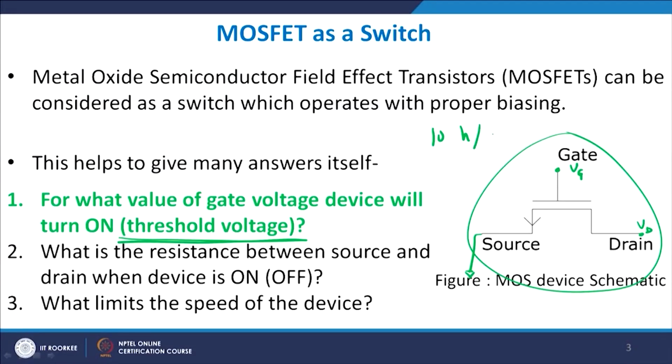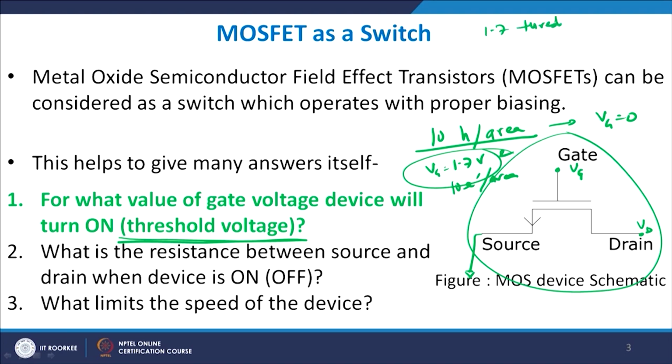So, let us suppose there were 10 holes per unit area near the silicon dioxide interface when Vg was equal to 0. Now you apply Vg equal to 1.7 volts and the number of electrons is 10 per unit area near silicon dioxide. Then we define Vg equal to 1.7 volts as the threshold voltage of the device.